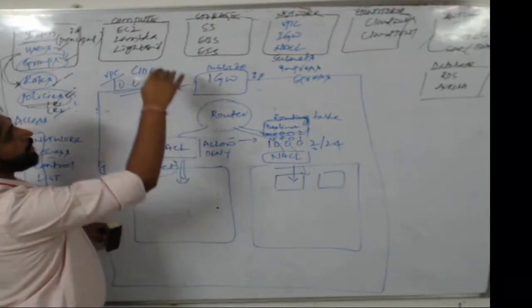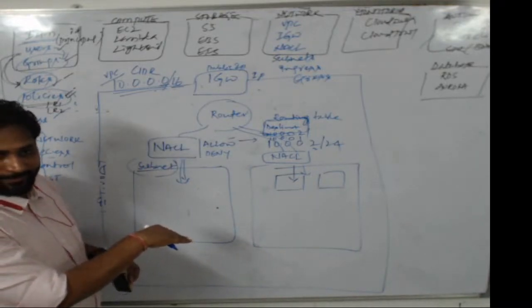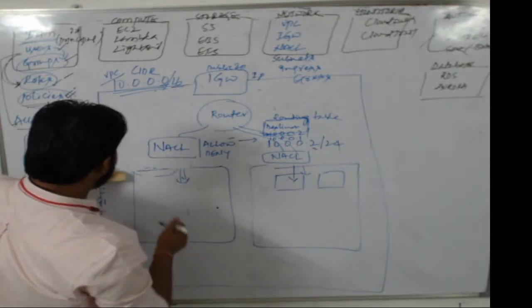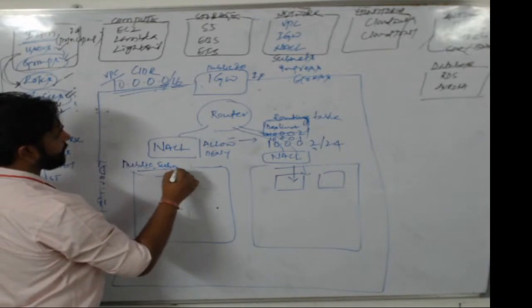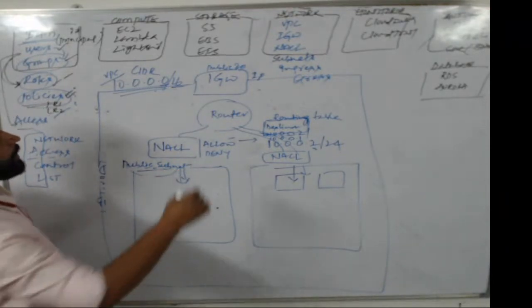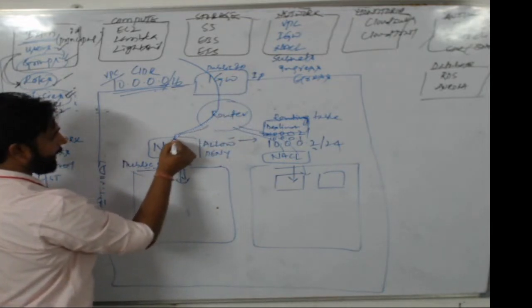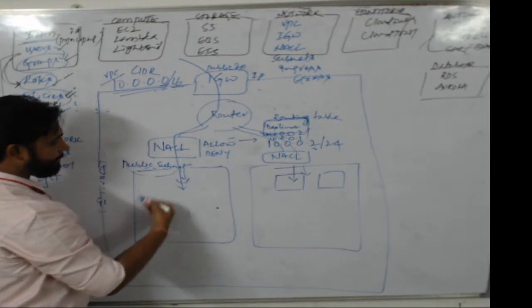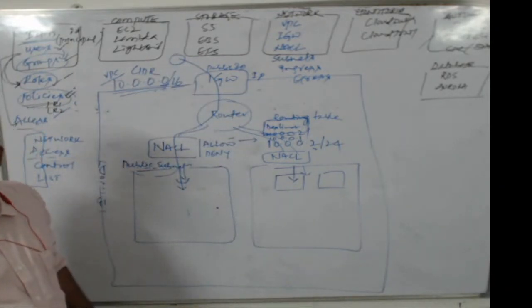Or you can say all IPs originating from outside should not enter this one. Now, if you say enter, this becomes a public subnet. Let's say a request is coming from the IGW router and the NACL says allow, which means this subnet is accessible to the outside world.